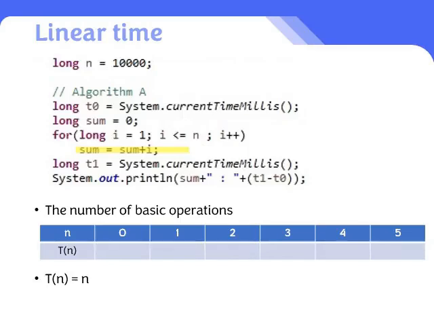Then, when n is 1, it runs once. If n is 2, it runs twice, and so on. 3 means 3 times, and so forth. So, the value of T(n) and n are the same. So, as n increases, the number of operations increases steadily and proportionally. We call this linear time.